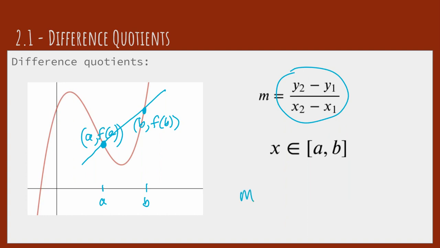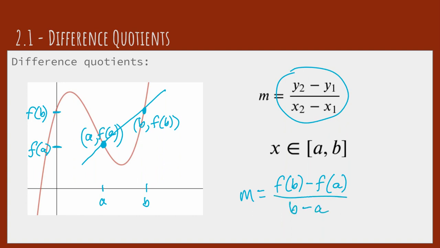So the slope here is going to be f of b minus f of a. So that's the difference in the y values. So over here we can notate where the values of the functions are going to be. So we have the difference in the y values divided by the difference in the x values.